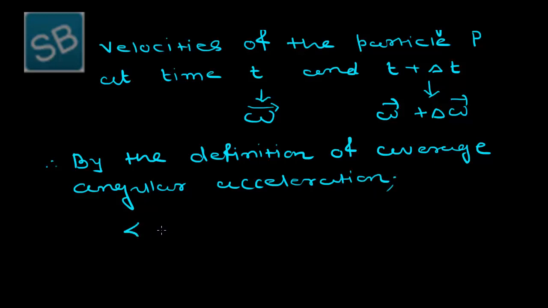here I am denoting the average angular acceleration as alpha. And if you remember, in the previous article, in the figure, the direction of average angular acceleration was shown. You can also see that video.